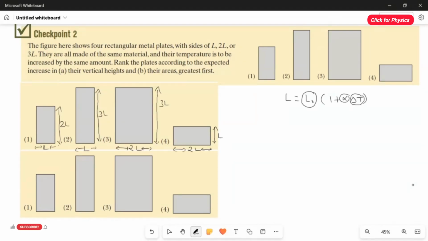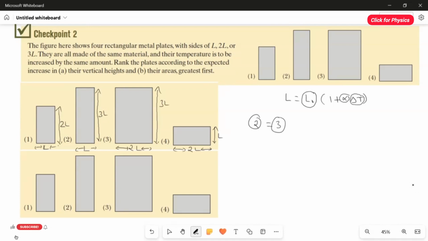So we can give the order based on the greatest value, because figure 2 and figure 3 have the greatest vertical height as 3L. So figure 2 equals figure 3, because both are 3L.